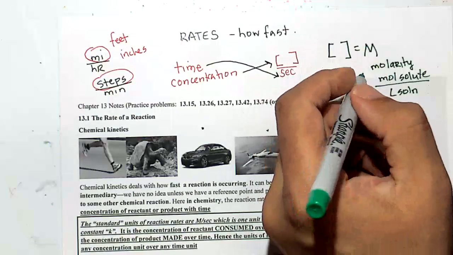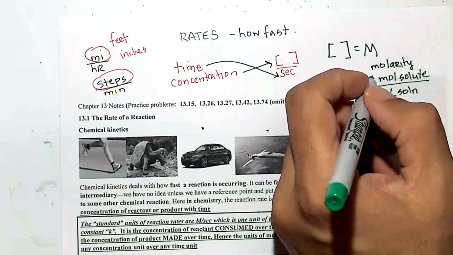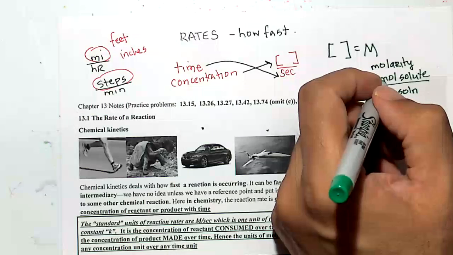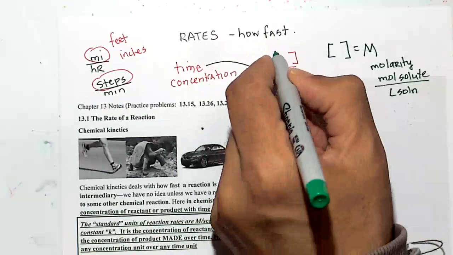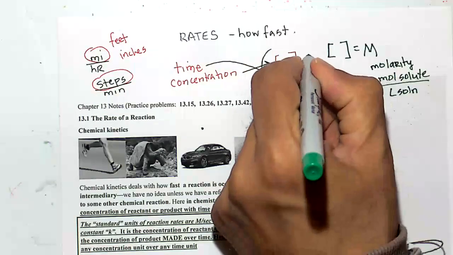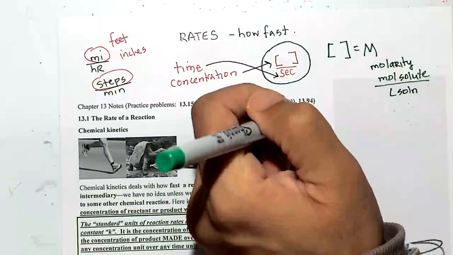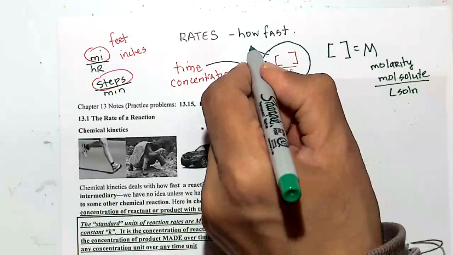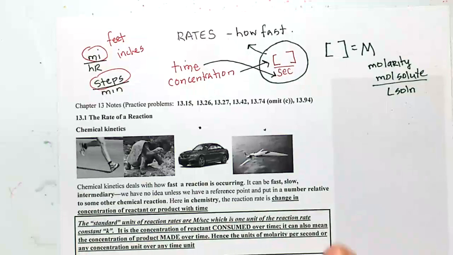So if I use the brackets term, what do I mean? I mean molar. What is molar? Moles of solute over liters of solution. So this is our speed in chemistry terms. As you mentioned, Eric, this is how we measure how fast.